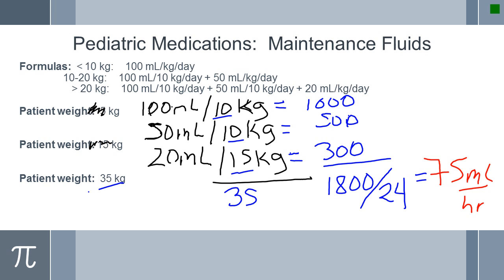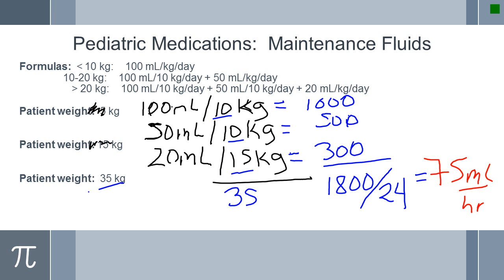So then you would do the same thing, cancel to make sure that you ended up with milliliters per hour, and then solve it, which is your 100 times 5. So you've got 500 divided by 24, which is 20.8.